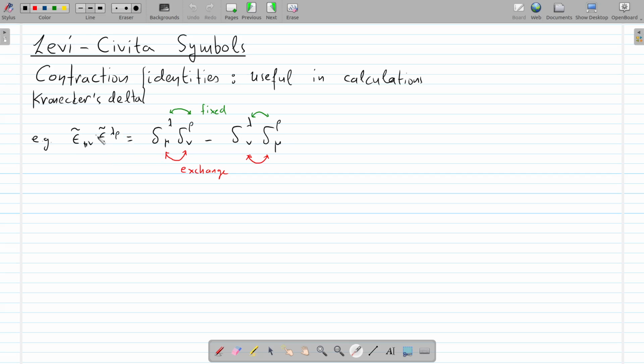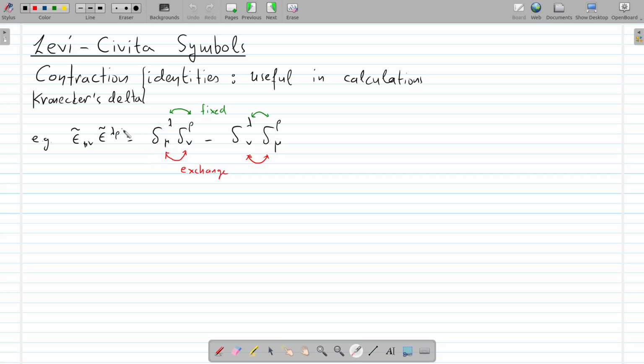And the product of two of those can be expressed as a linear combination of products of two Kronecker's deltas. So there is an easy way to remember how to do that. Since we have two indices, we have two deltas here for each term, and we also have two terms.